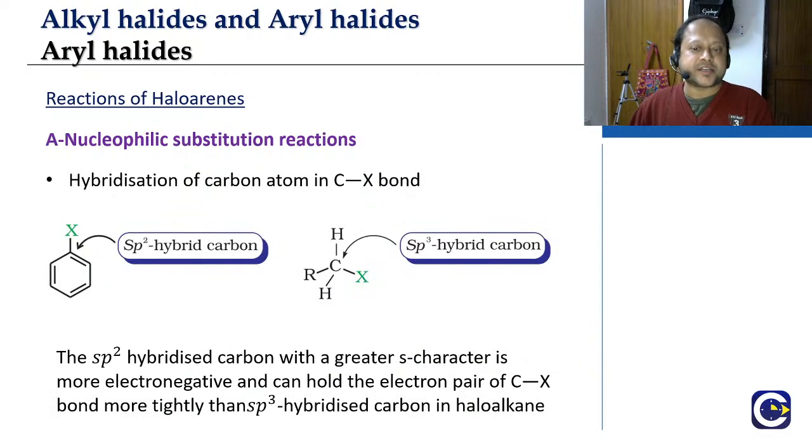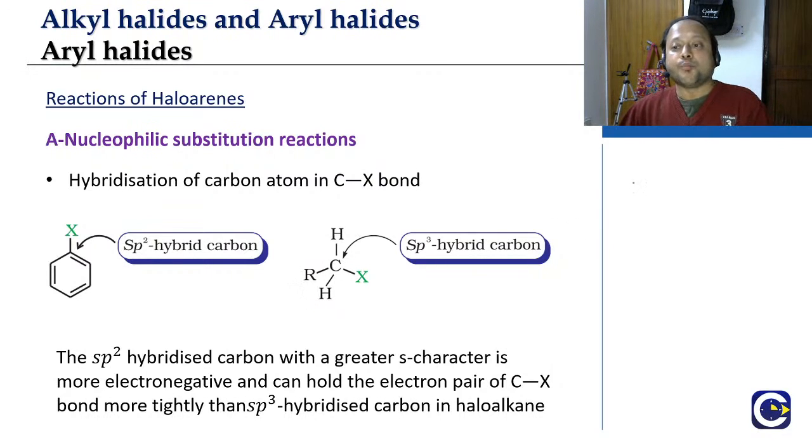So hybridization, as we discussed, is sp2 here and sp3 there. Obviously polarity will matter, the difference is going to matter. X is the same, so it has its fixed electronegativity. But for carbon, sp2 is more electronegative than sp3.